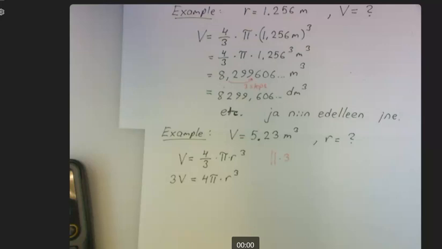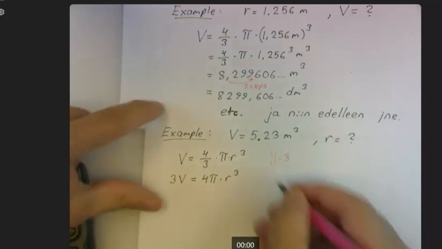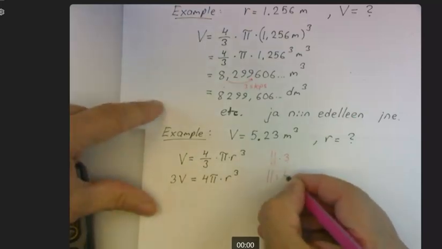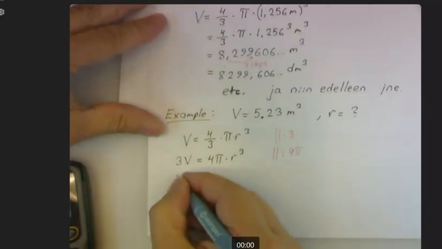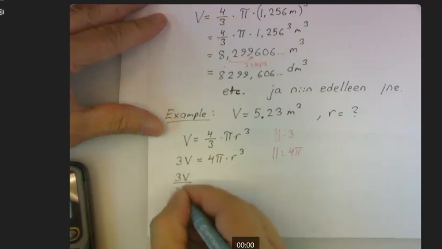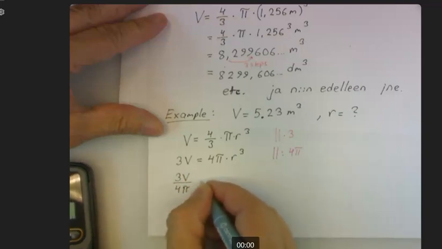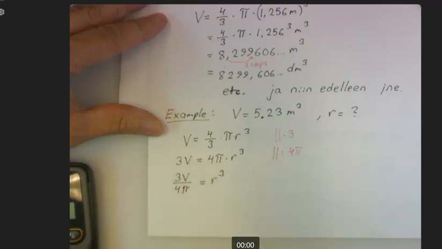Yeah, and now I lost my pen. I don't know where it is. Let's take another color. Divide by 4 pi. So it will be 3V divided by 4 pi equals r cubic.